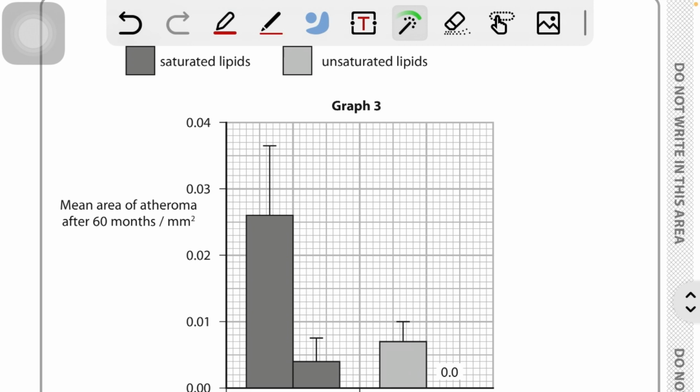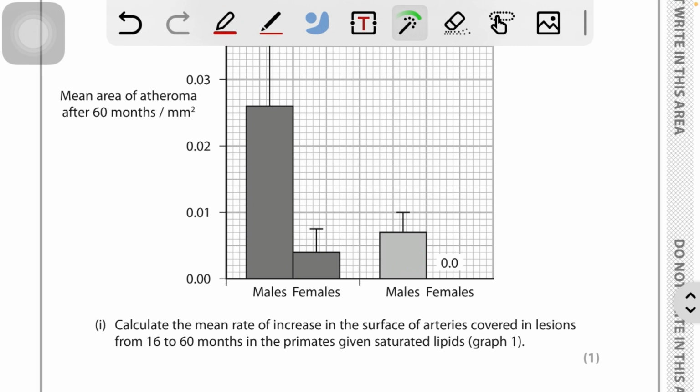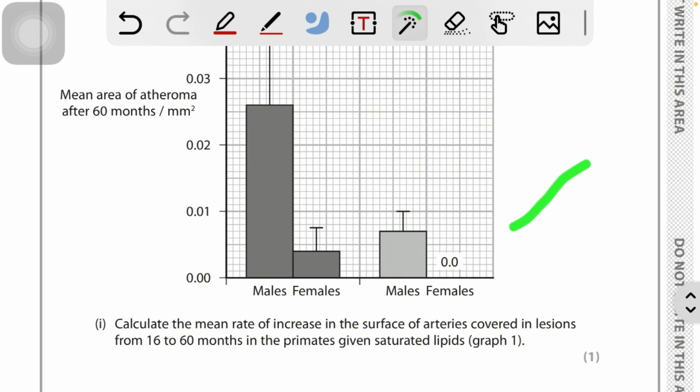Mean area of atheroma after 60 months. Males and females. Females is 0. In the case where the females have taken in the unsaturated fatty acids and cholesterol, the females have a 0 area of atheroma after 60 months.